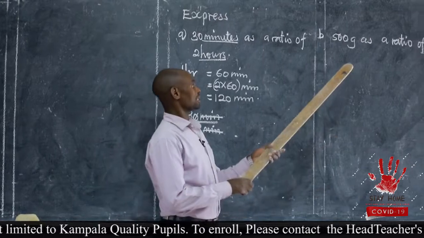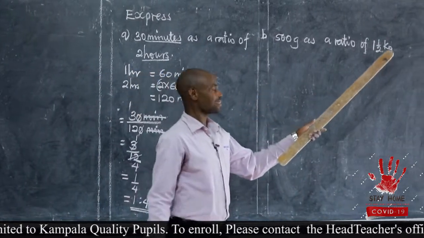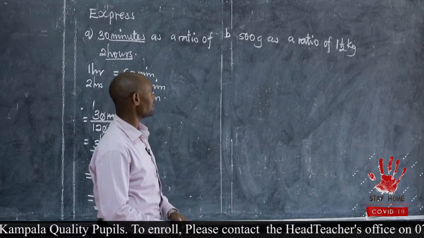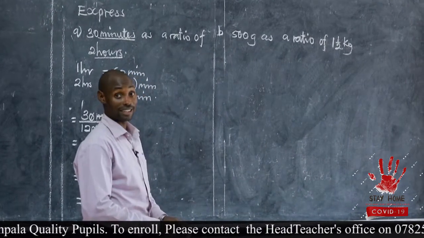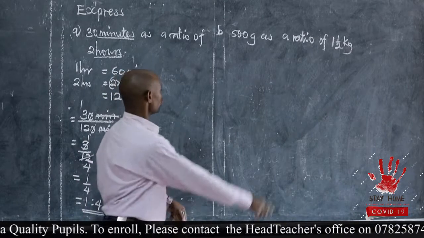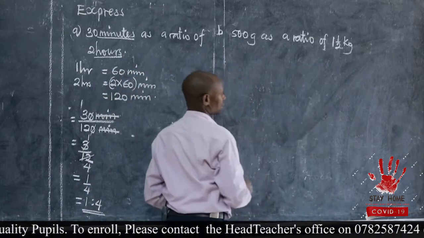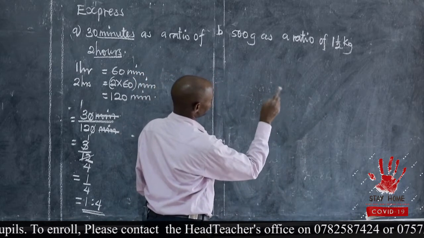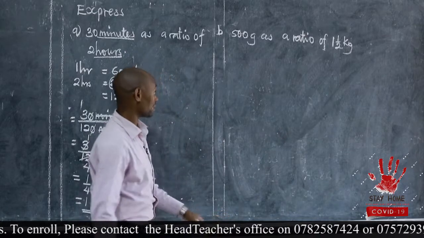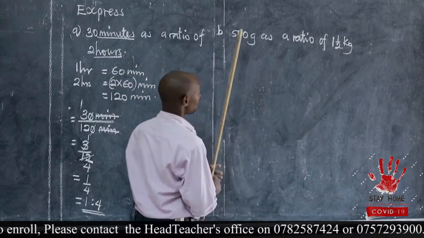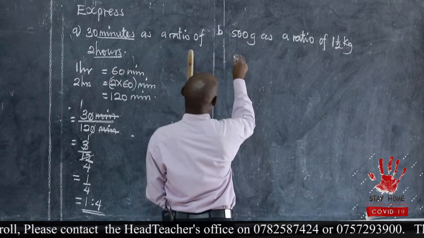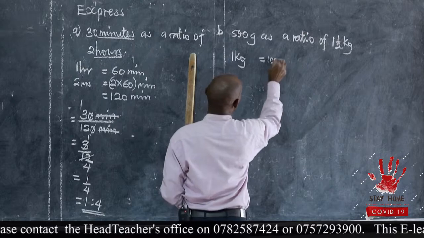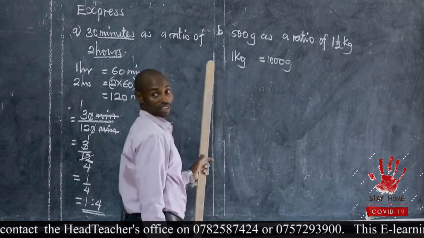Then we can also look at grams against kilograms. We are going to express 500 grams as a ratio of 1.5 kilograms. Between changing grams to kilograms and changing kilograms to grams, which one is simpler? I think changing this one to grams becomes simpler. So 1 kilogram is equal to how many grams? There are 1,000 grams which make up 1 kilogram.